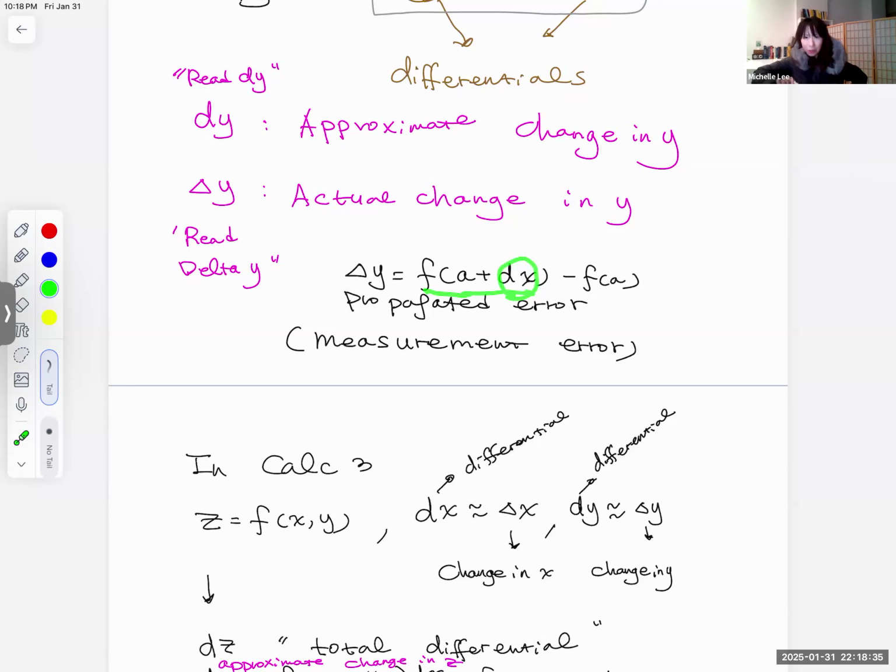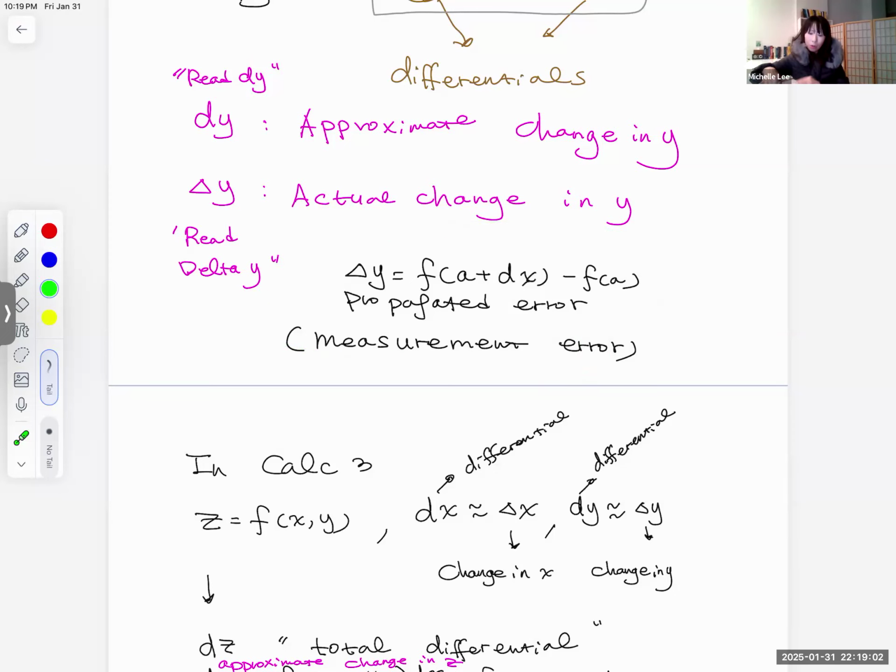We just talked about the differential earlier, right? This is basically calculus 1. We want to talk about only this one, propagated error. What's the propagated error? It's a measurement error. When you measure, there is a small error, right? So this is from calculus 1.